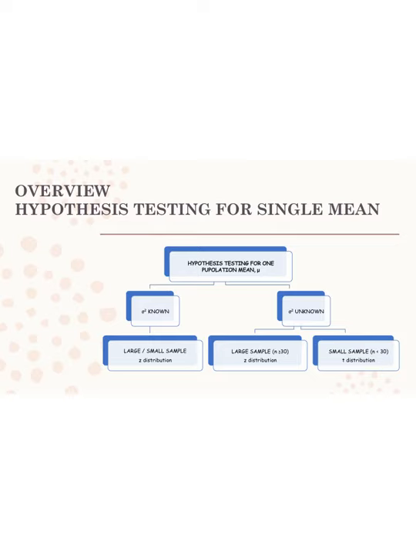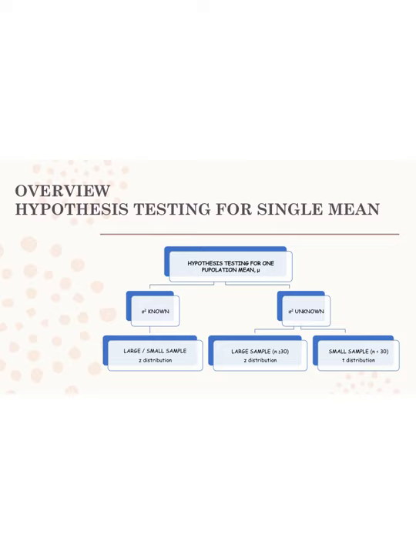So for one population mean, we are going to have three different cases. The first case is when we know the population variance. We are going to use the Z distribution for case number 1, regardless of the sample size.